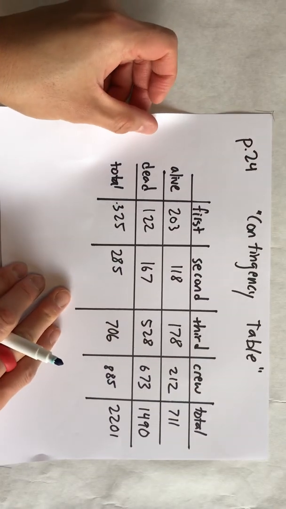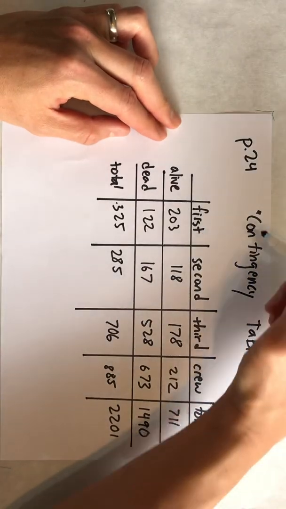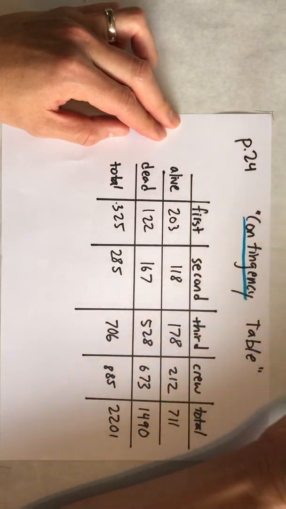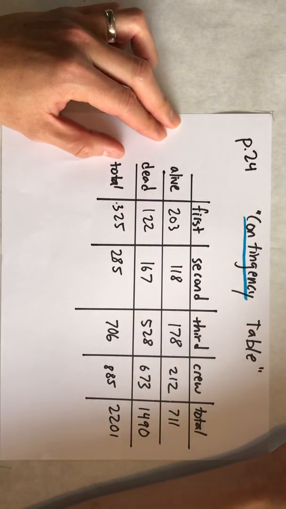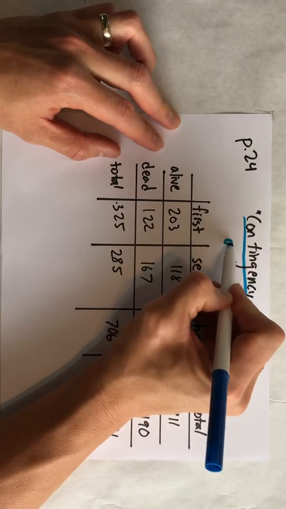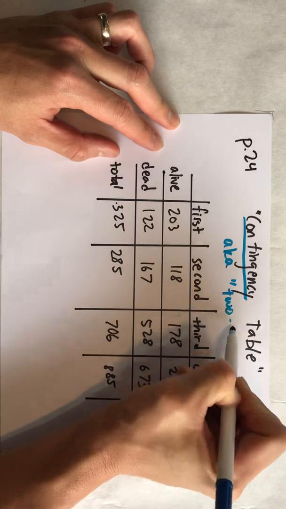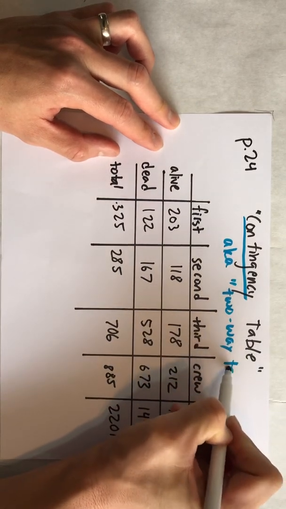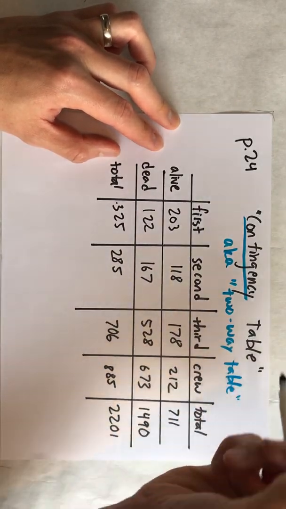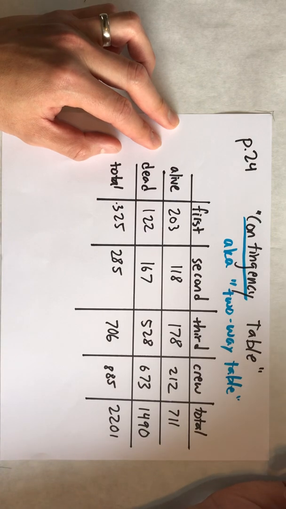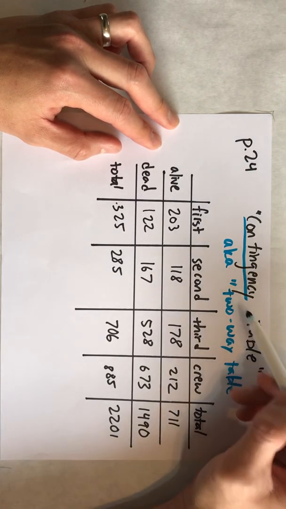So on page 24, you're gonna see something called a contingency table. Now, contingency table is also known as a two-way table. I believe your textbook just calls it a contingency table, but a lot of other textbooks and a lot of other resources may call it two-way table.